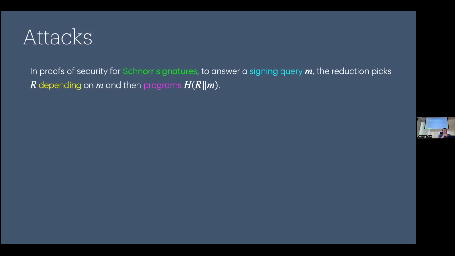One thing I want to make clear is that in the proof of security for Schnorr signatures, to answer a signing query M, the reduction picks R depending on M, and then programs the hash value of R and M. In all of the proofs for Schnorr that I'm aware of, that's what you use to answer signing queries.